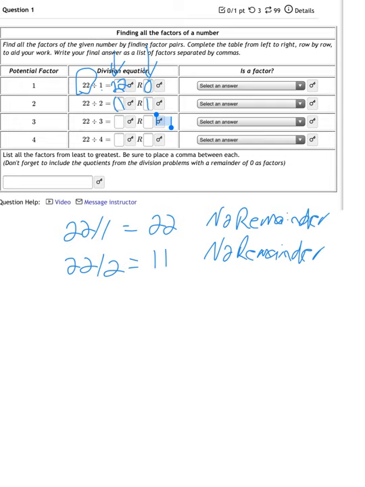Now, when you do the next one, 22 over 3, I'm going to punch it in on my calculator. You get 7.3333, and so on. So that gives us a 7 in the first blank.